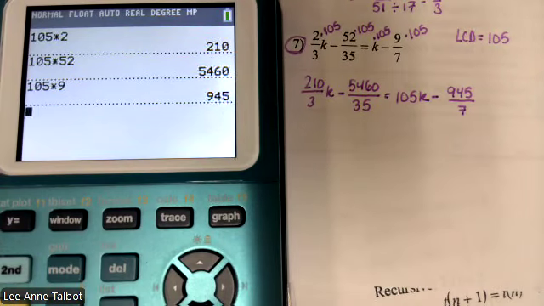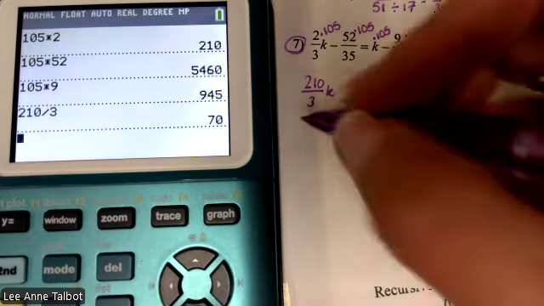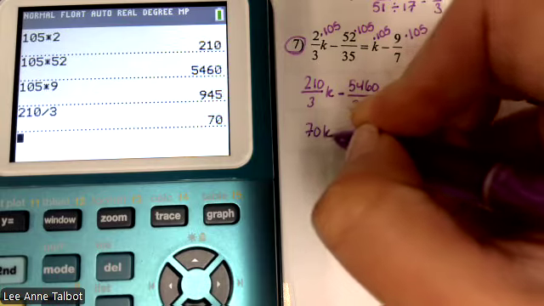Okay, so I multiplied everything by 105. Now I'm going to divide. I actually know what this one is. I shouldn't have done it on the calculator, but that's okay.